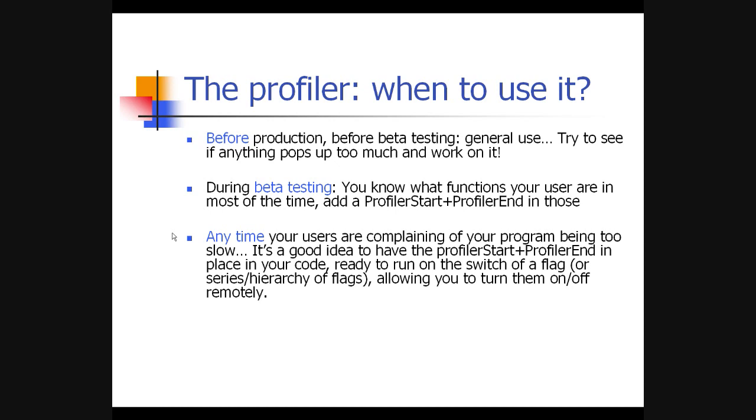Again, when your users have a problem with the speed of your application, you can use that tool to see if it's really too slow or if they're just saying it's too slow because they have no idea what kind of processing is done during the program. So you can just leave your profiler start and profiler end in place with a switch that allows you to turn them on and off.